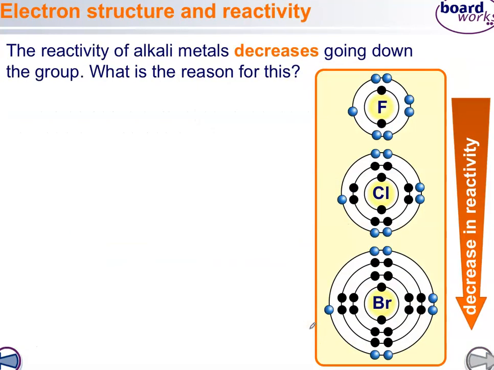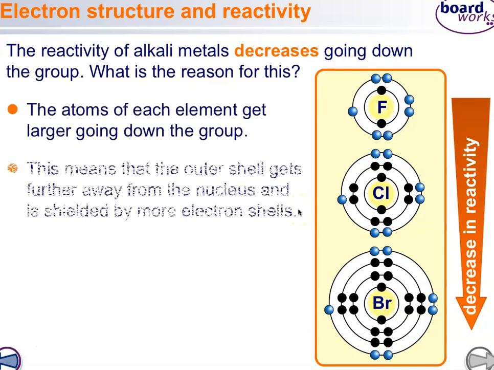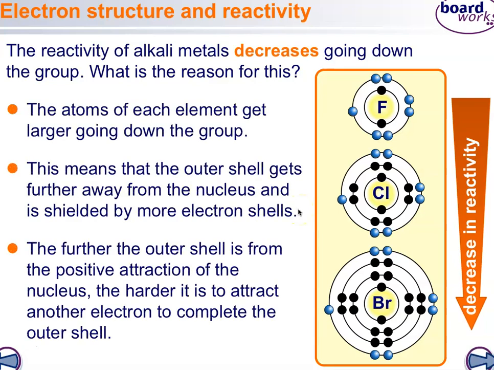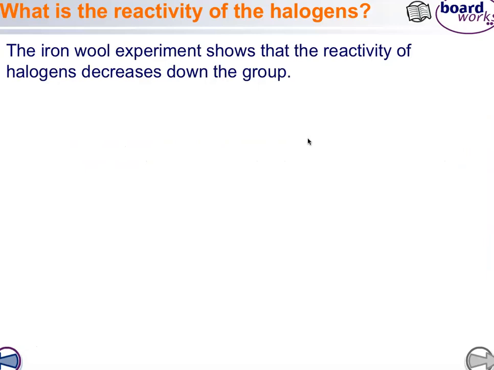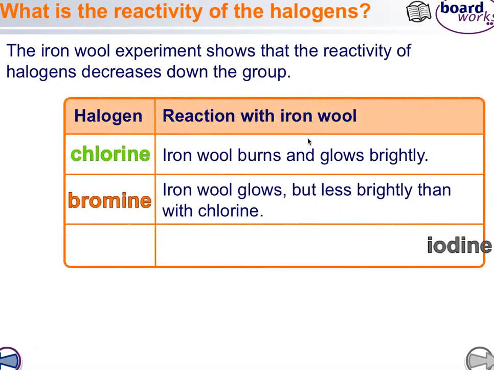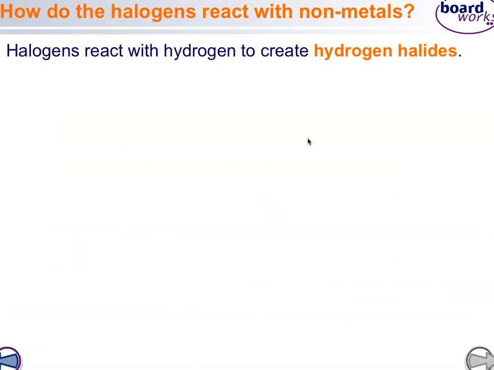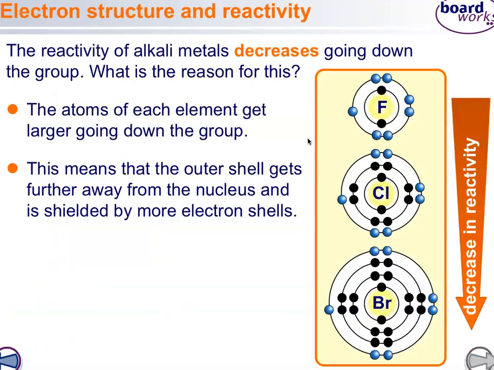Now, let's look at the electronic structure of group 7 and its effect on their reactivity. The reactivity of the group 7 elements decreases going down the group. Why?